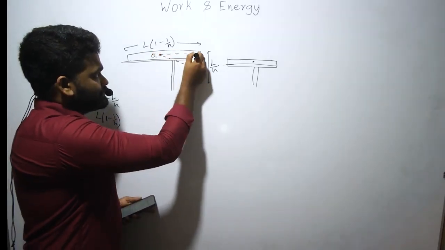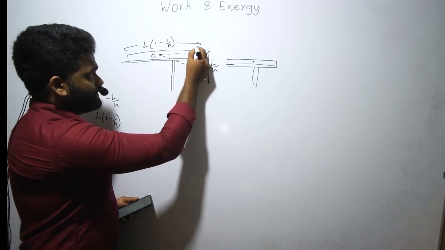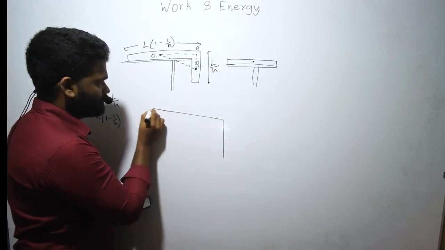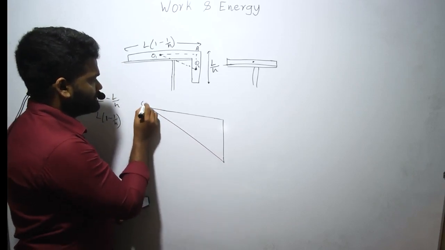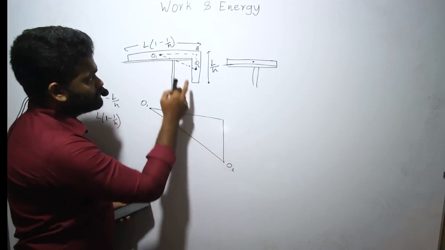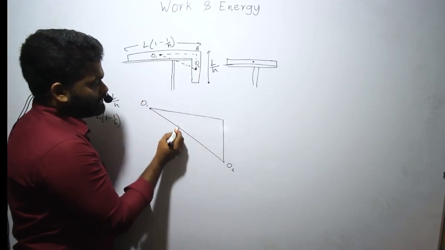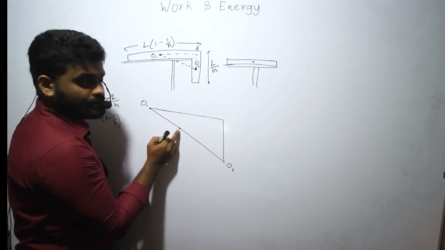You can consider this triangle. Let's say this is A. So let's say this is O1, this is O2. These are the centers of gravity of each part. Then the center of gravity here is what we need to find, the location here.